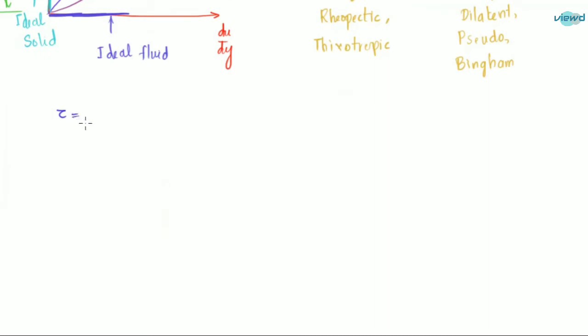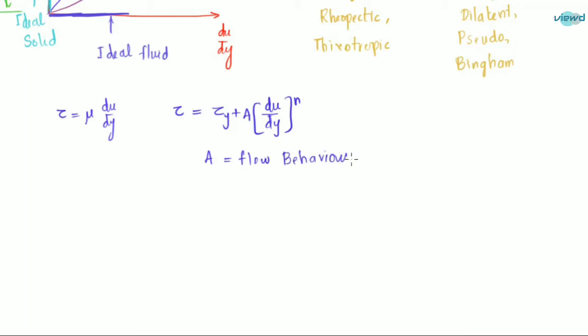We have seen that tau is equal to mu into du by dy. The generalized equation for this is tau is equal to tau y plus a into (du by dy) whole power n. Here a is called flow behavior index, and n is called flow consistency index.